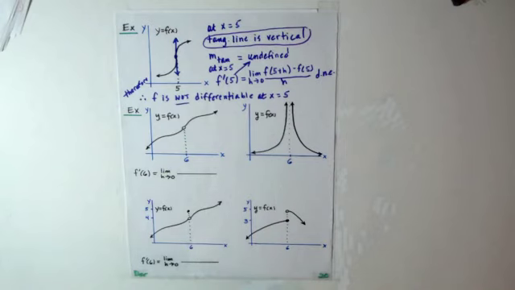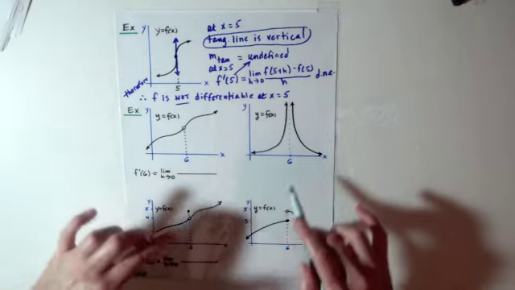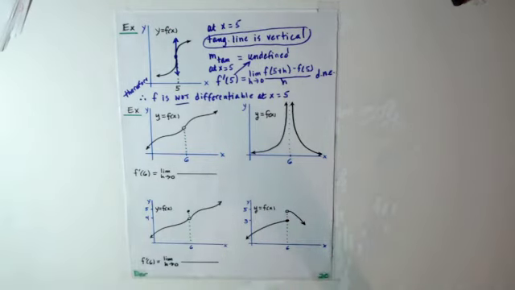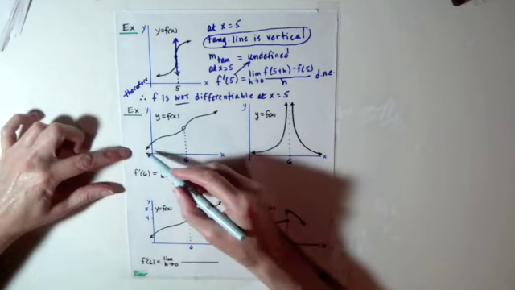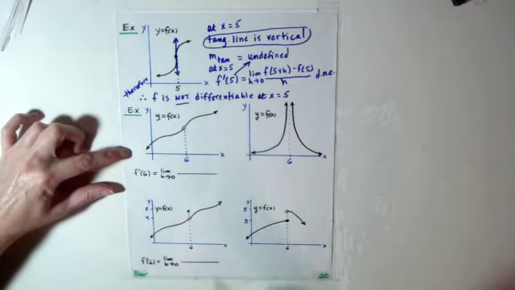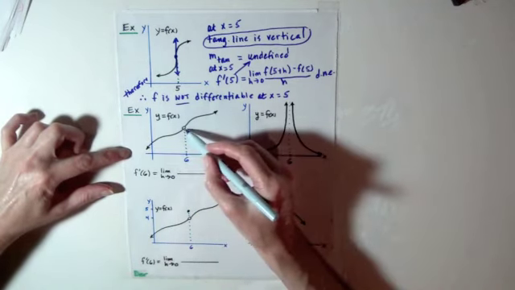Well, there's one other place where a function will fail to be differentiable that we're going to discuss, and that has to do with the graphs that are in the next example. I have 4 different graphs, but we're going to collect all those together into one type of problem ultimately. But let's look at this graph first. This is a graph that's a nice smooth graph, except it's not continuous at 6.